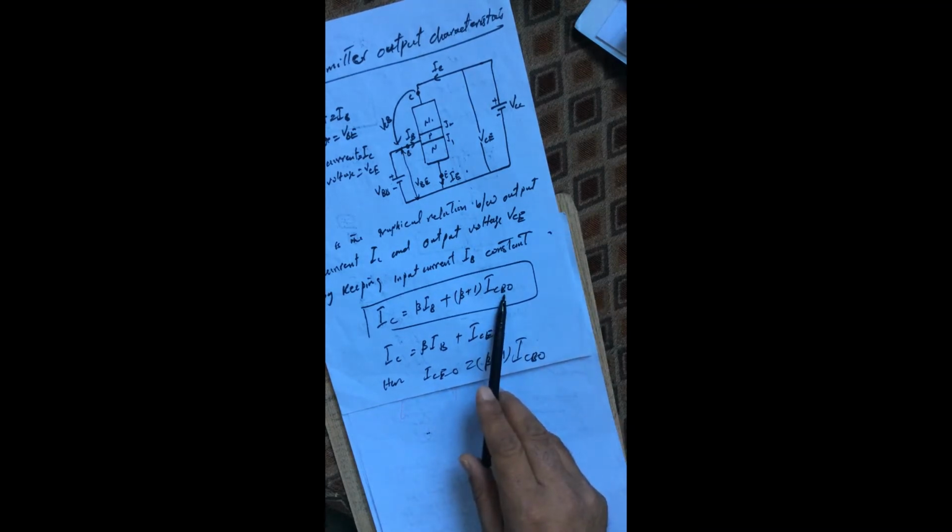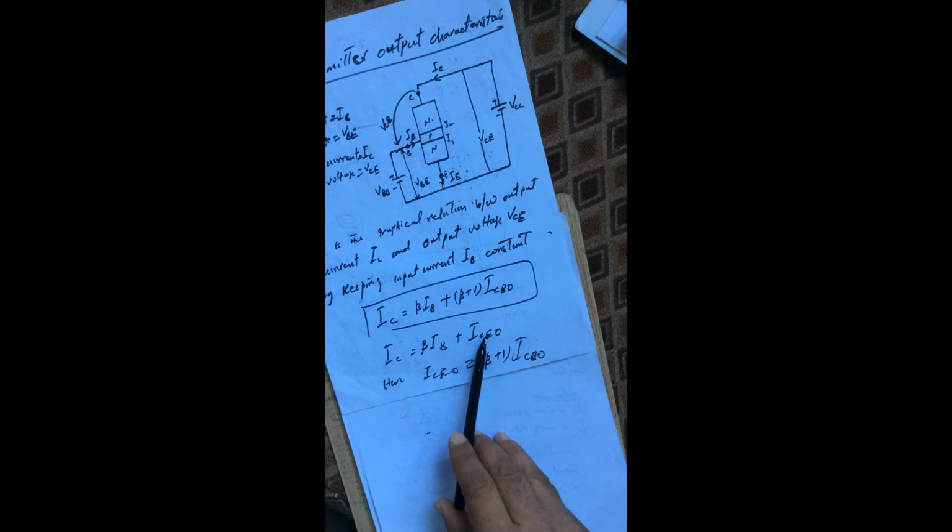ICBO is the leakage current or the reverse saturation current in the case of common base, and ICEO is the leakage current or the reverse saturation current in the case of common emitter, while keeping the third terminal open.